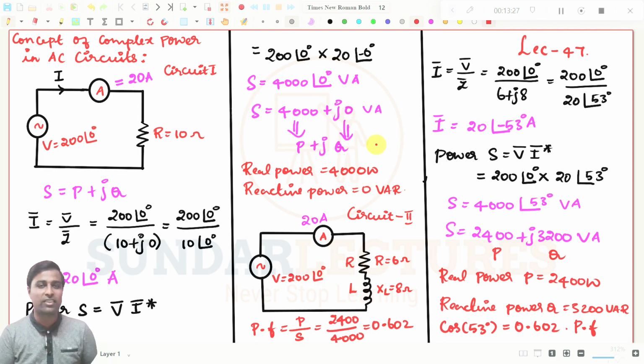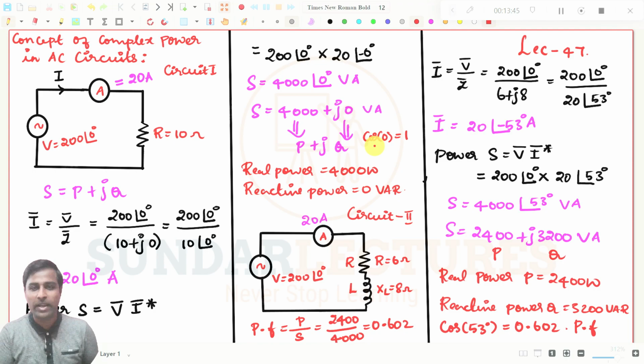But if you are going for this circuit, what is the cos phi value? Cos of what is the degree here? It is 0 degrees. So cos of 0 will give you 1, which means this circuit is utilizing the whole apparent power in the load.